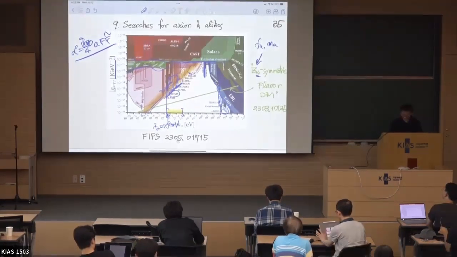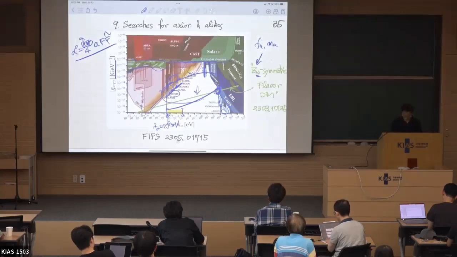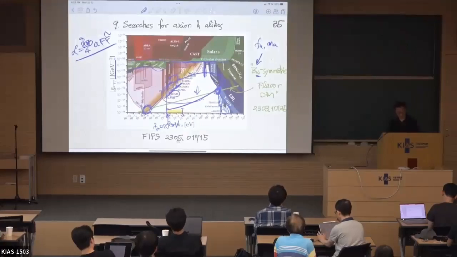Still a long way to go. We need to fill in this area to prove this kind of model. Probably we see some signal around here or around here. Here it's interesting that it matches the standard QCD axion prediction.